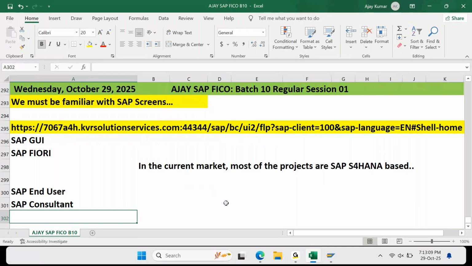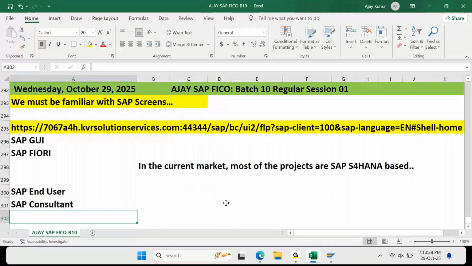Because if anybody wants to become a SAP end user, you do not need any training. When I say to become a FICO end user, you do not need any training. There are people who undergo training saying I want to learn P2P training, O2C training, XYZ training. If your target is to become a user, you do not have to spend even a single rupee.